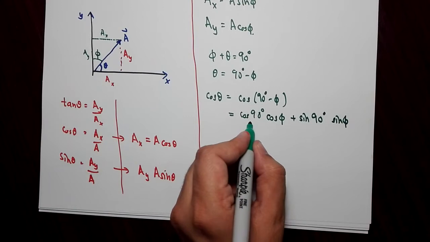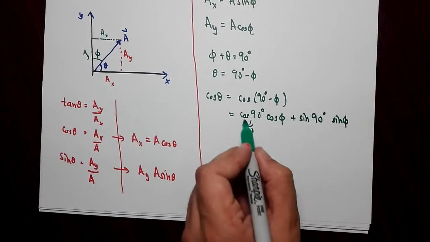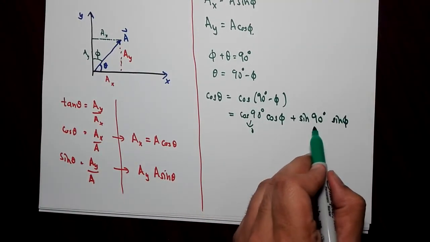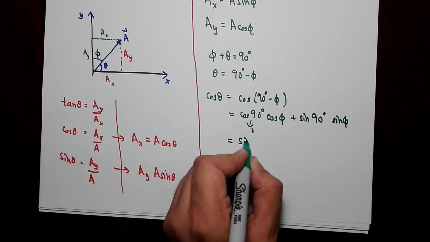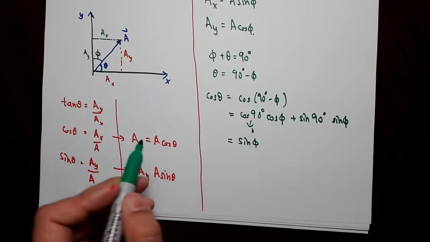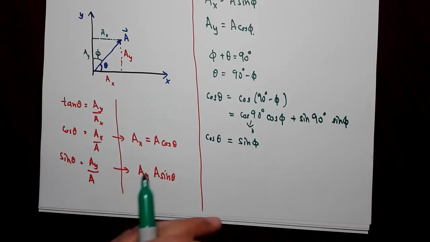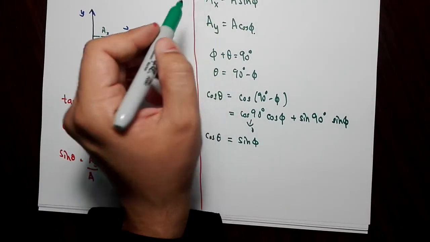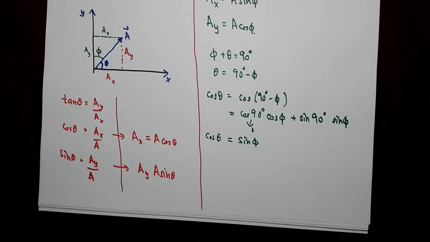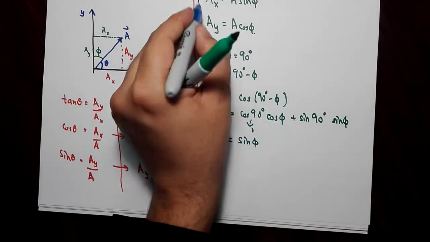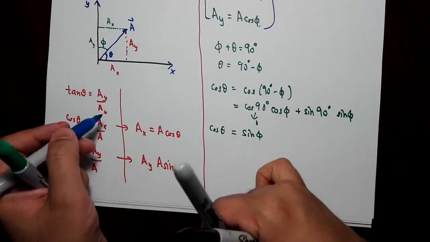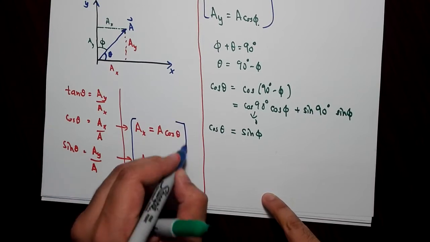Cosine 90 is 0, so that whole term is 0, and sine 90 is 1, so you get sine phi. So cosine theta is also equal to sine phi. That's why these two equations are equivalent to these two equations over here.